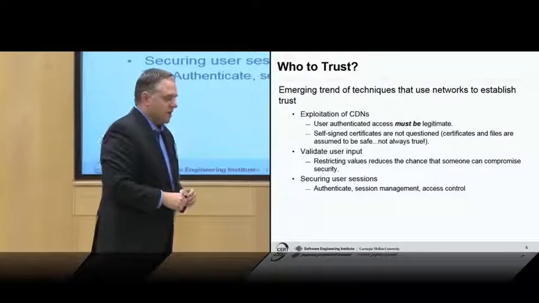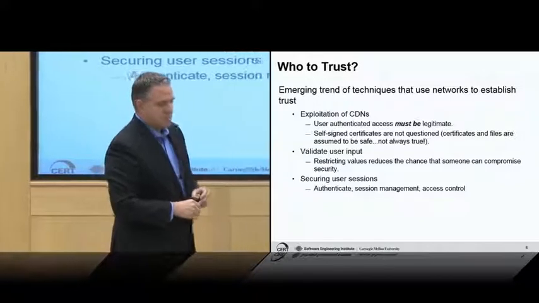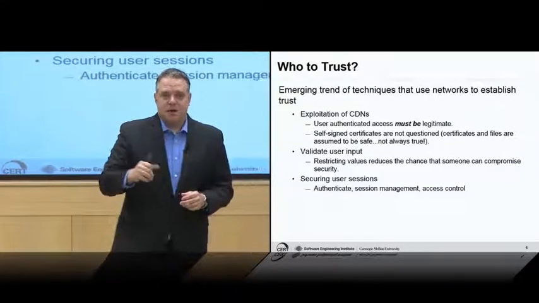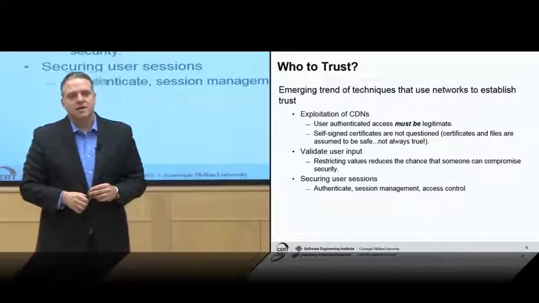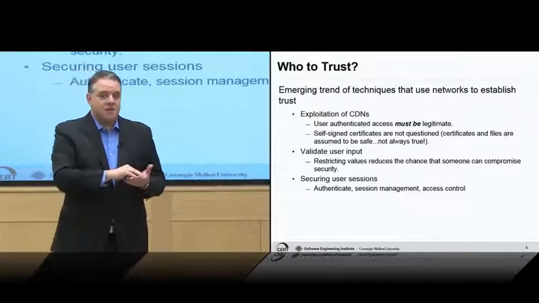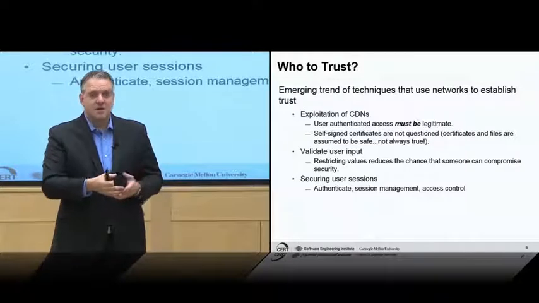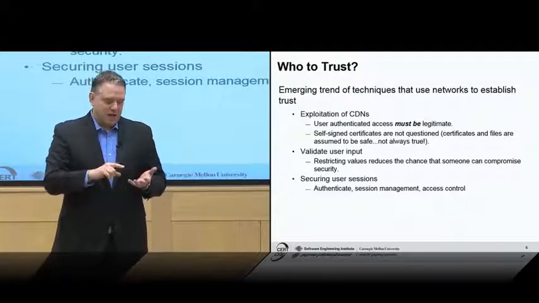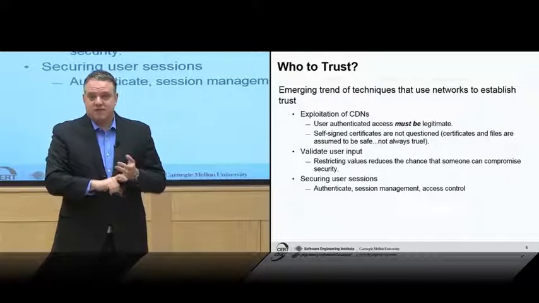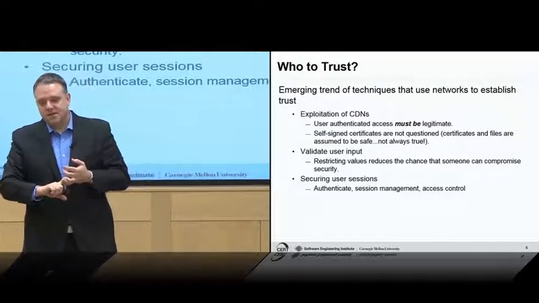There was an interesting case with the MSNBC media properties, a few months ago probably, where somebody had compromised something on the content delivery network and was serving malware to any visitor to MSNBC, NBC, or any of the NBC family websites.